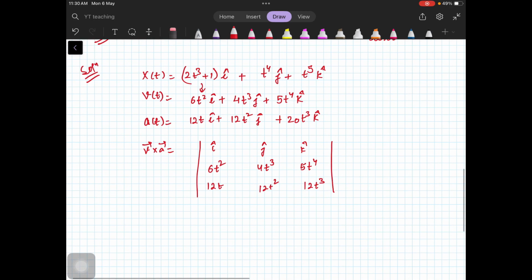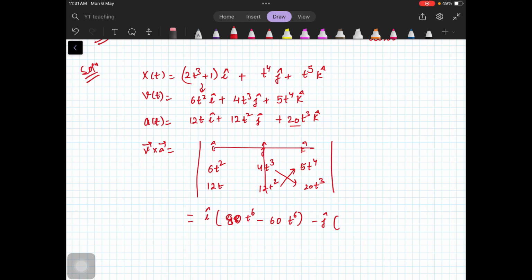So that would be i vector times 80 t raised to power 6 minus 60 t raised to power 6, minus j vector times 120 t raised to power 5 minus 60 t raised to power 5, plus k vector times 72 t raised to power 4 minus 48 t raised to power 4.